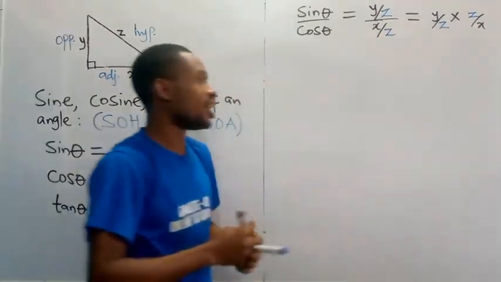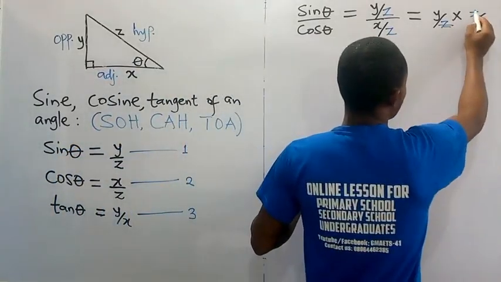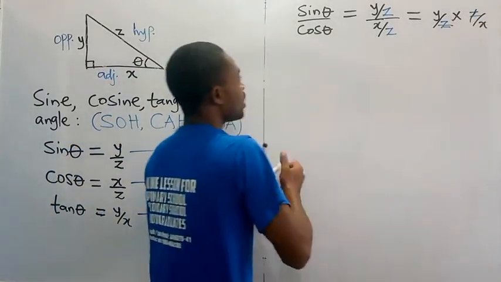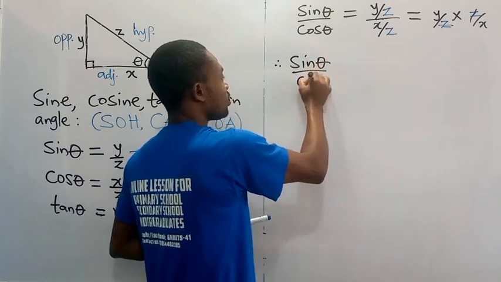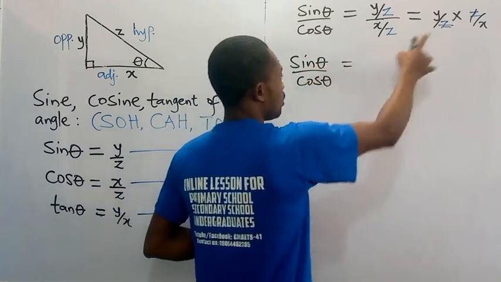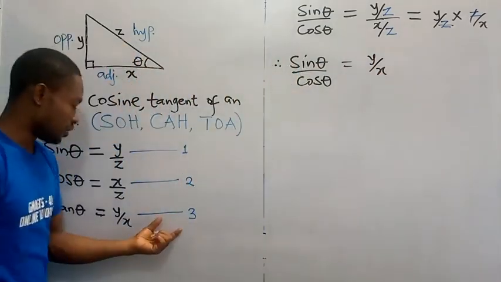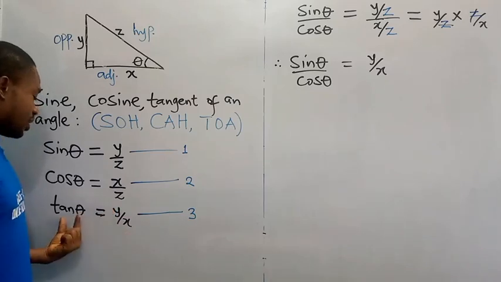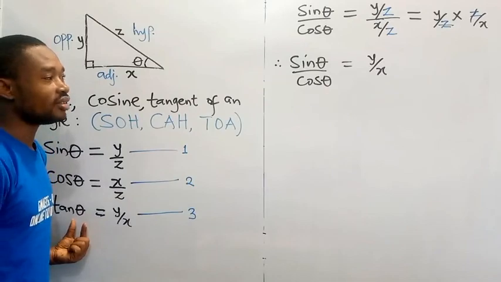See, I turned that denominator upside down. And clearly you agree with me that this z and z will cancel out. And once that happens, you could say that sine theta divided by cos theta gives us y over x. Now let us come back to identity number 3. Y over x is equivalent to what? That trig identity called tangent.